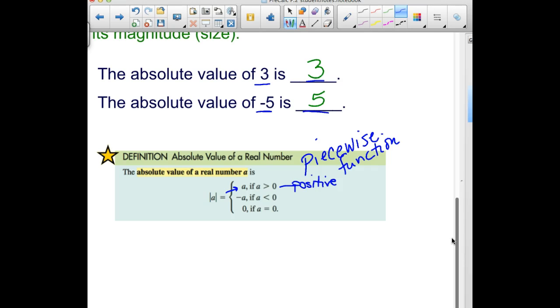It makes it the opposite of what we started with. So here it's saying the absolute value of a is going to be the opposite whenever a is negative. So if we start out with a negative number, the absolute value makes it the opposite of what it was. And our last statement says that the absolute value of 0 is 0.